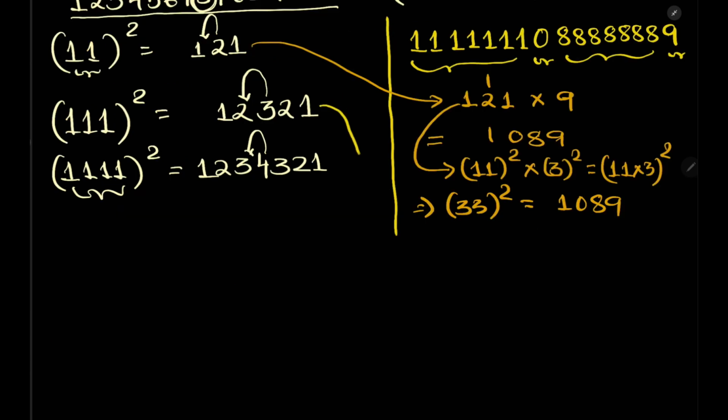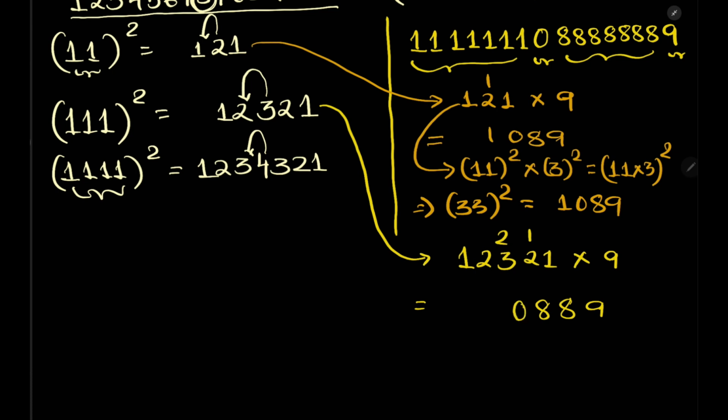1089. Similarly, if you want to multiply 9 with this number, then we can write it as 1, 2, 3, 2, 1 multiplied with 9 will become 9 times 1 is 9, 9 times 2 is 18, we write 8 here, 1 will be carried forward, 9 times 3 is 27 plus 1 is 28, we'll write 8 here, 2 will be carried forward, 9 times 2 is 18 plus 2, 20, we'll write 0 here, 2 will be carried forward, 9 times 1 is 9, 9 plus 2 is 11.